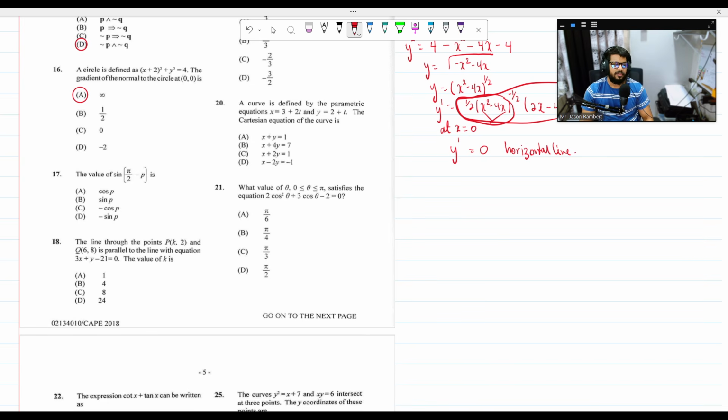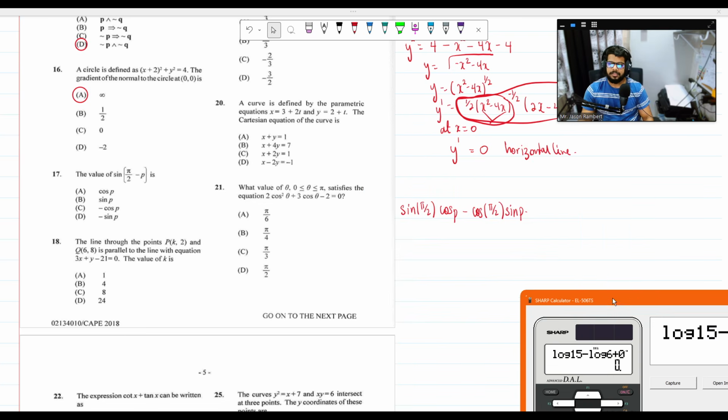The value of sine of pi on 2 minus p is... I could learn off the identities for this, or we can just use our compound angle formula from Advanced Math, which is sine pi on 2 cosine p minus cosine pi on 2 sine p. One of them is going to give me 0. Let me check and see. What is pi on 2?